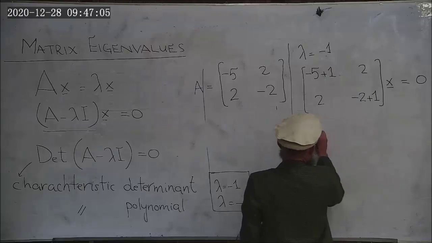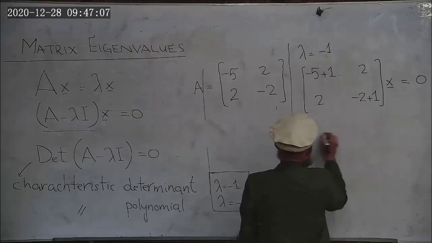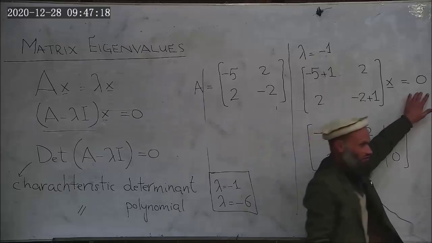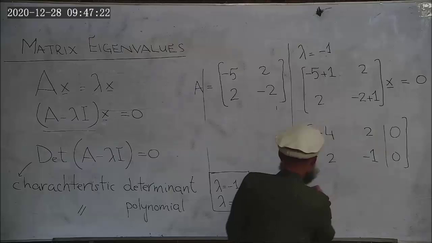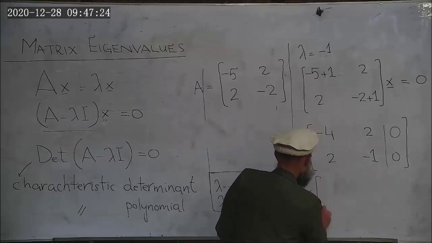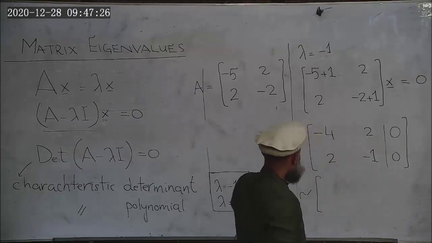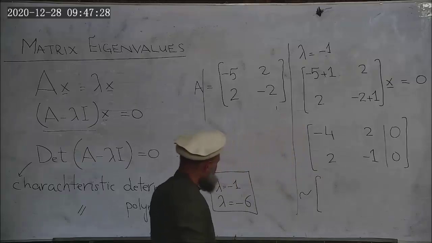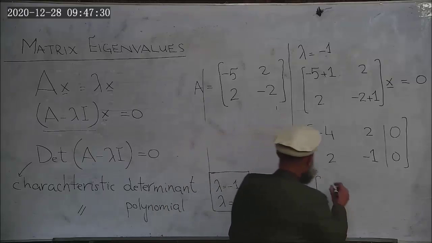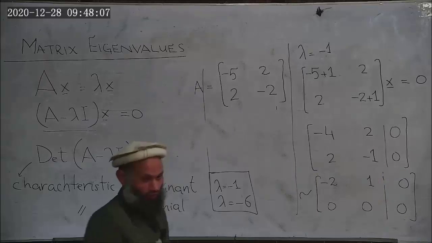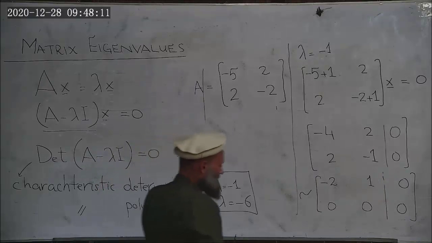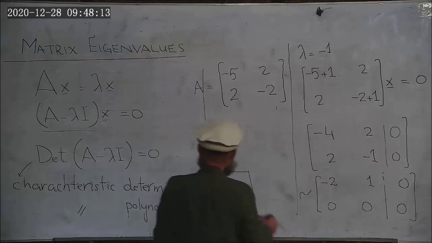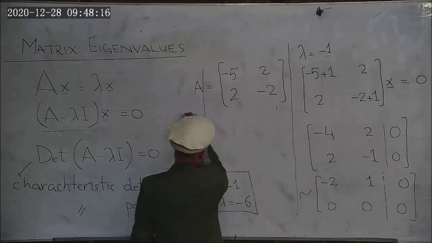So this is the augmented matrix. The right hand side is 0, and this is the matrix. And then by elementary operations, this matrix is row equivalent to this. So what is the solution? Infinitely many solutions.